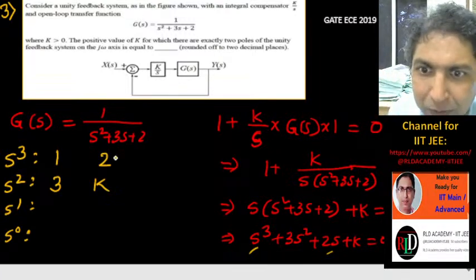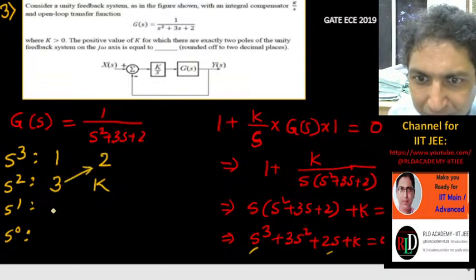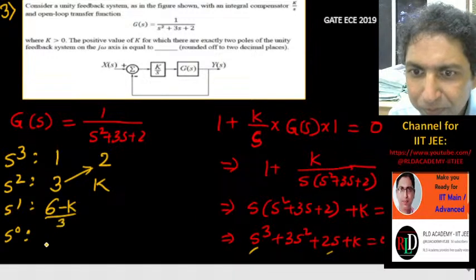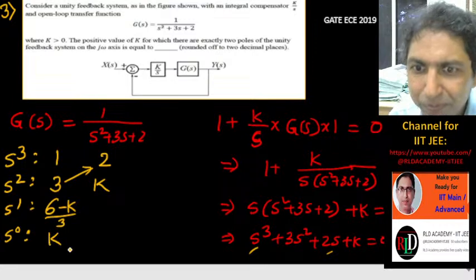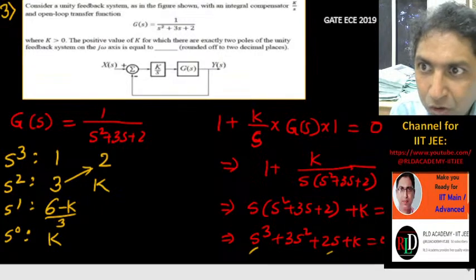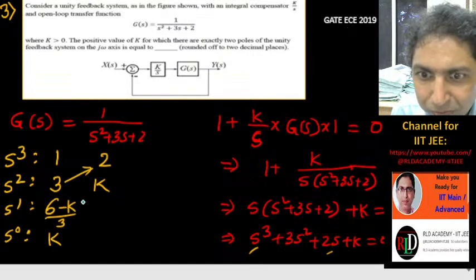Okay, good. The next one is 3 into 2 is 6, minus k into 1 is k, upon 3, and the next one is k. The same procedure we will do. I have said to try to equate this to 0.